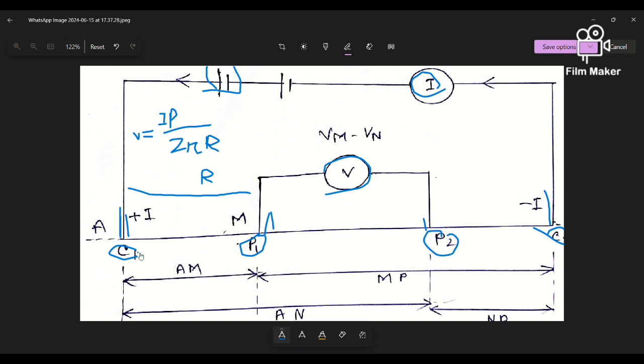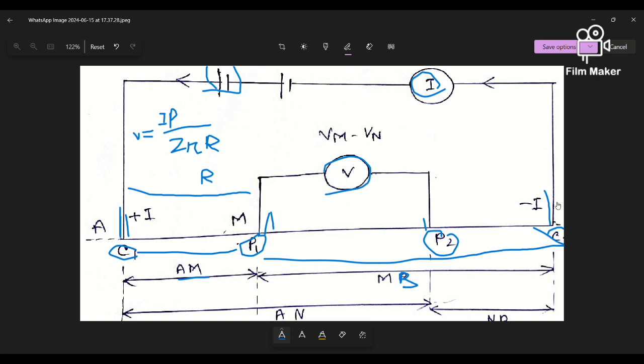And the distance from C1 to P1 is equal to AM, and this is the potential electrode, and the other current electrode, which is negative, has distance MB.